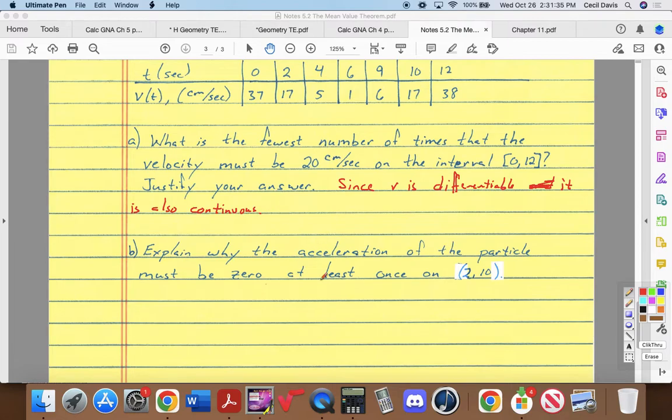Ben, do you know the name of the theorem that you were using? Very nice. So, IVT applies.